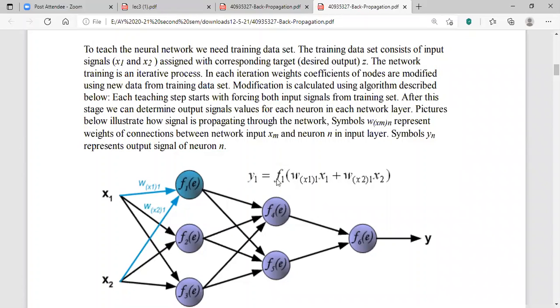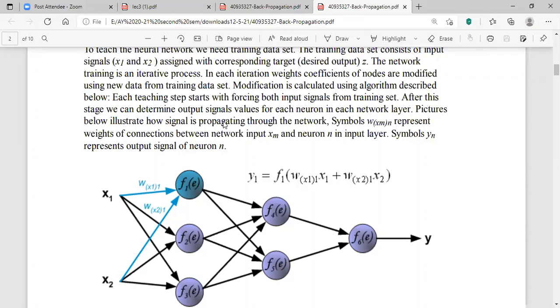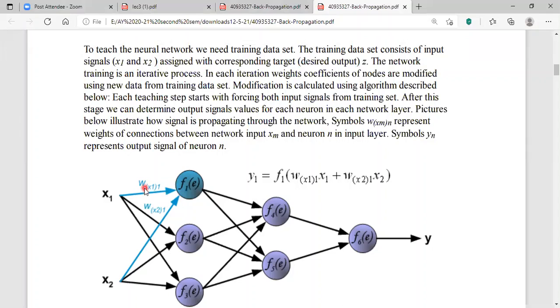Suppose you are considering these sky blue highlighted signals: two signals fed from X1 and X2, one from X1 and the other from X2, to the first input neuron. WX11 represents the weight connection between network input X1 and the first neuron.